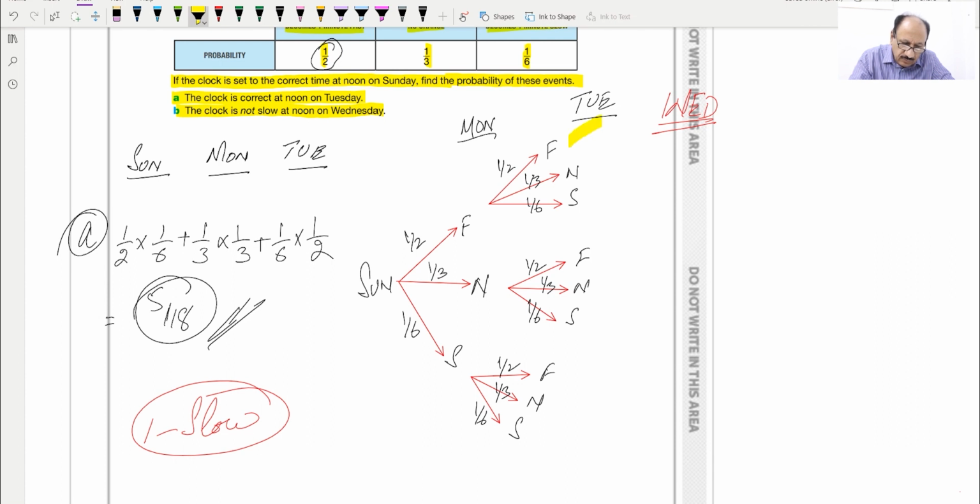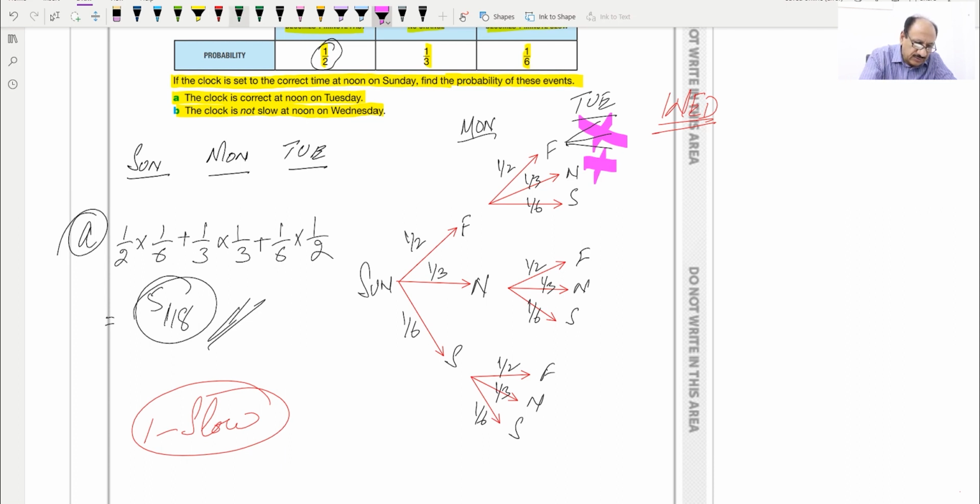For example, fast, no change, and slow will be for this branch, but we will not be taking it, because all these will be too fast, so it will not be the same time. There will be no slow in this branch, so we are ignoring this branch. Next branch also we are ignoring, because there will be no slow in this branch.